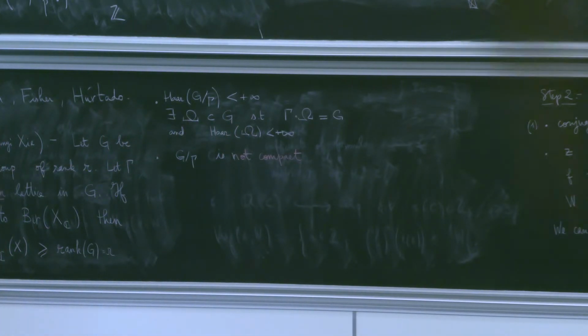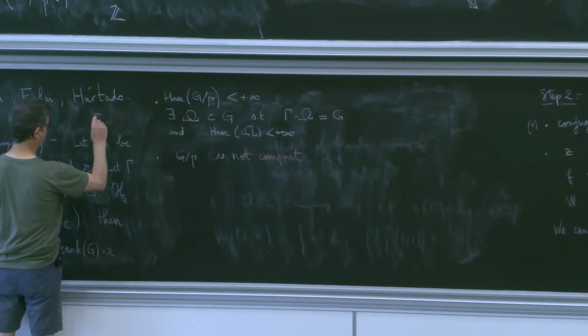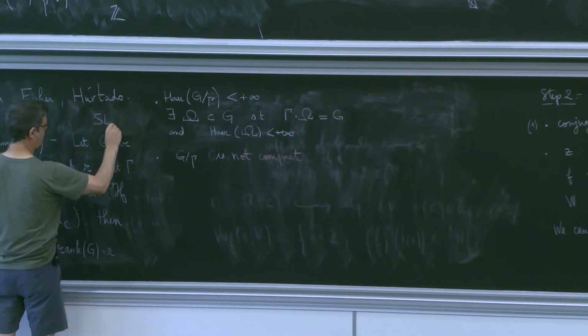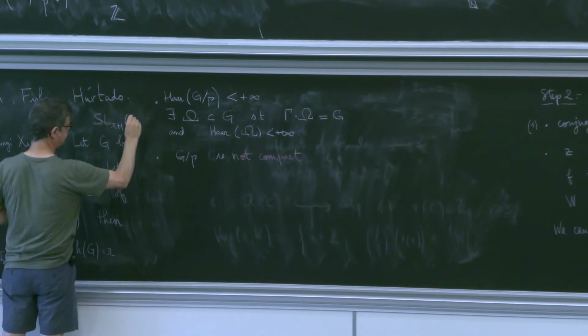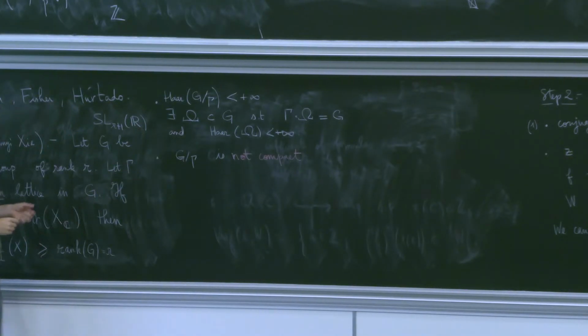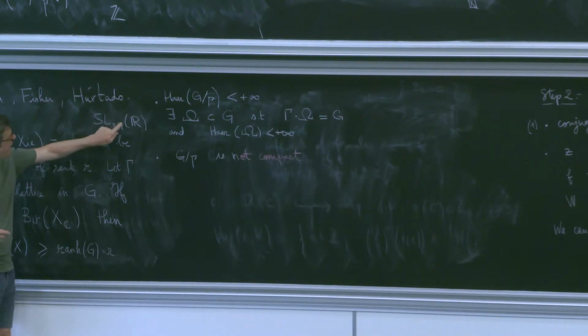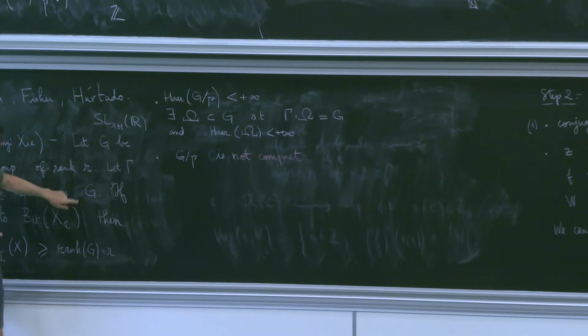Okay, so for instance, if you take G to be SL R plus 1, the index is R plus 1 because I want the rank to be R, which means here that the diagonal subgroup must have dimension R, so there are R plus 1 coefficients because the determinant is 1.